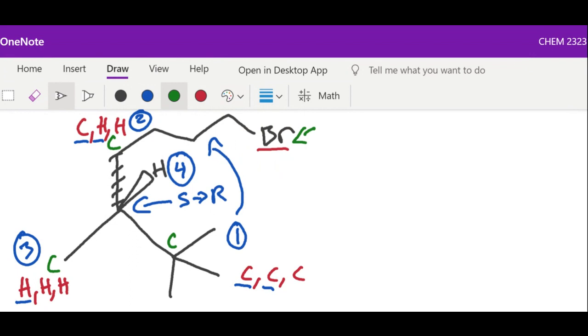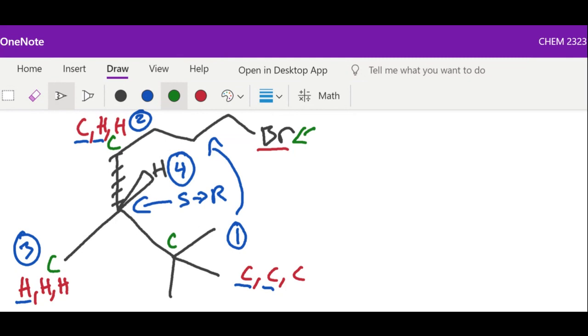Wait, how did you know that the number 2 had a carbon? So this is our chiral carbon, right? So this carbon is bonded to this carbon here, this carbon, and this carbon, right? And then this carbon is bonded to this carbon, but it's also bonded to 2 other hydrogens.